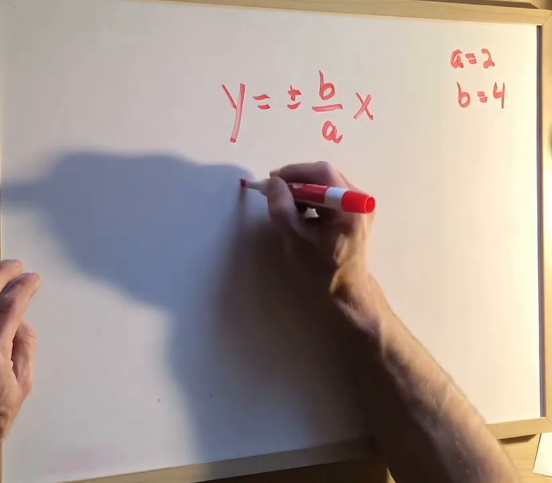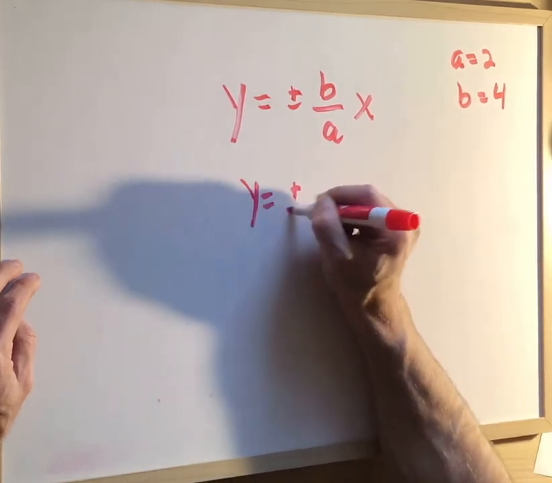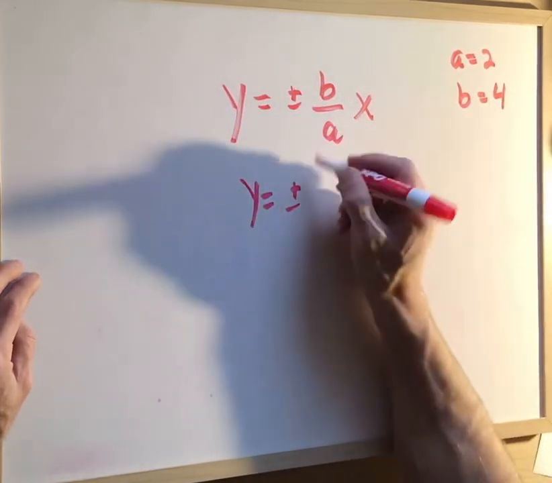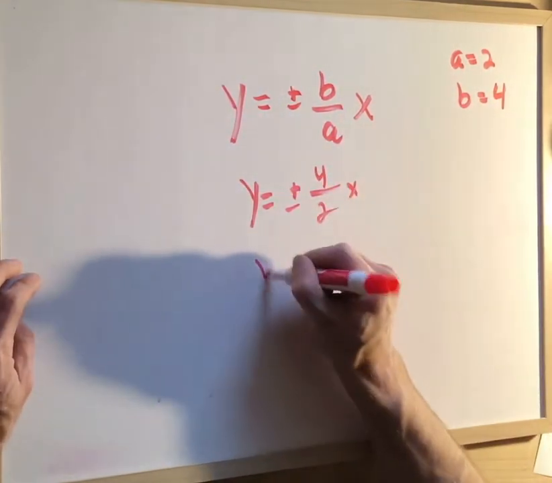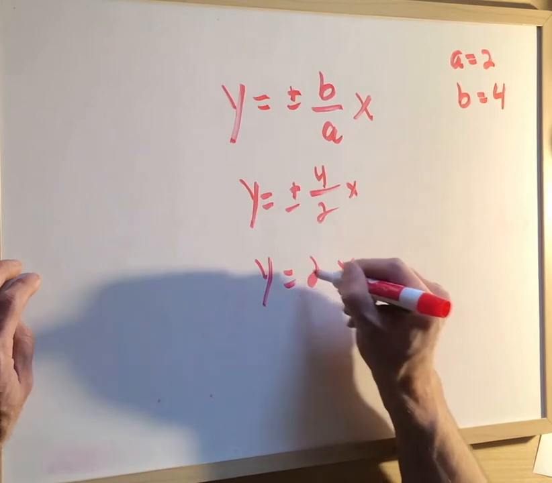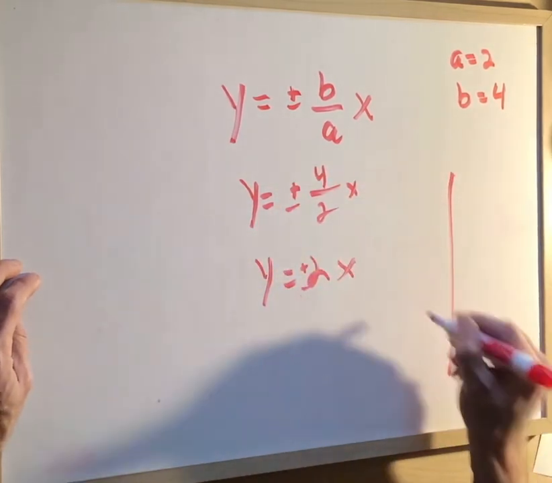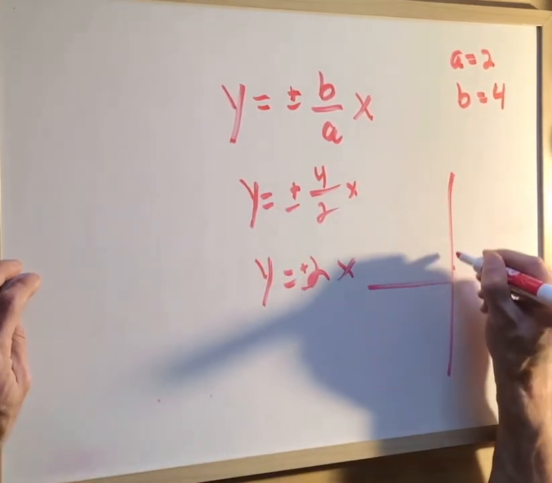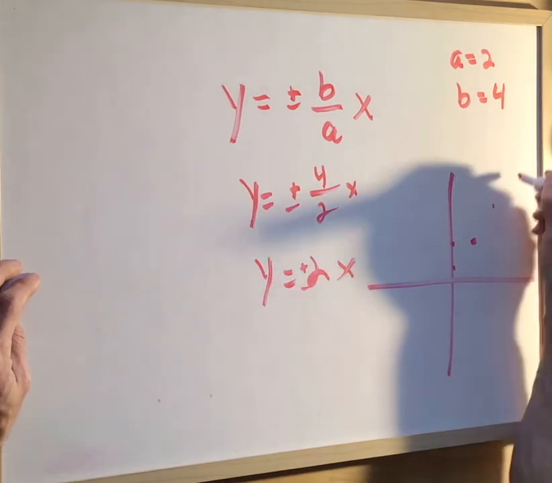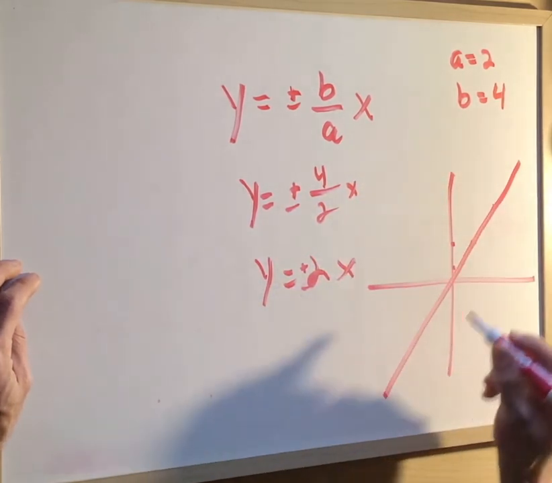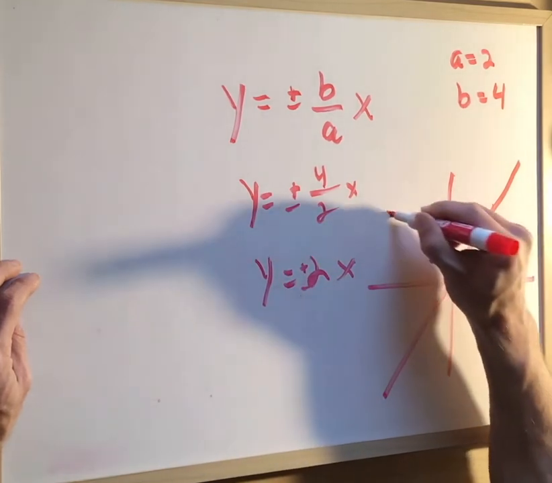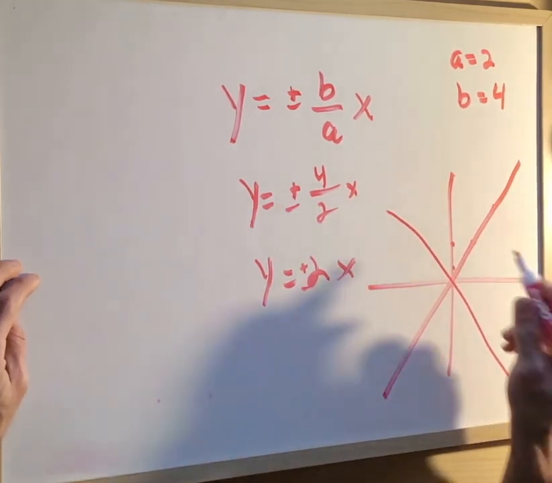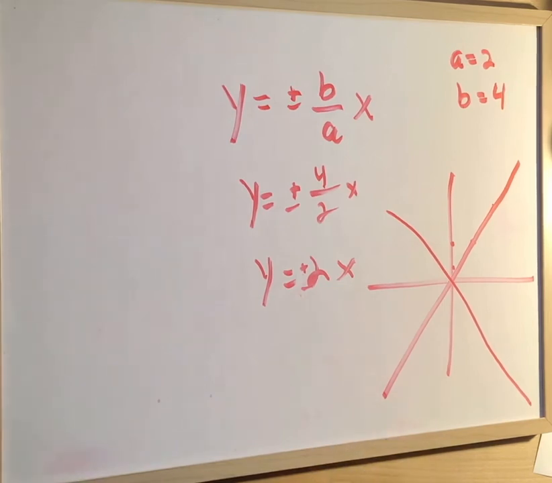So you're going to have a line of y equals plus and minus b over a, which is y equals plus and minus 2x. That's going to look like this: up 2 over 1, up 2 over 1, and then down 2 over 1, down 2 over 1.